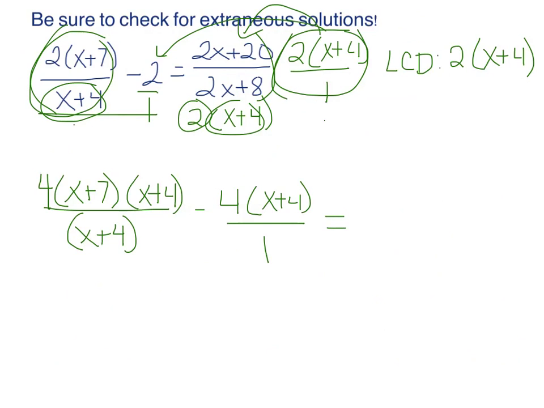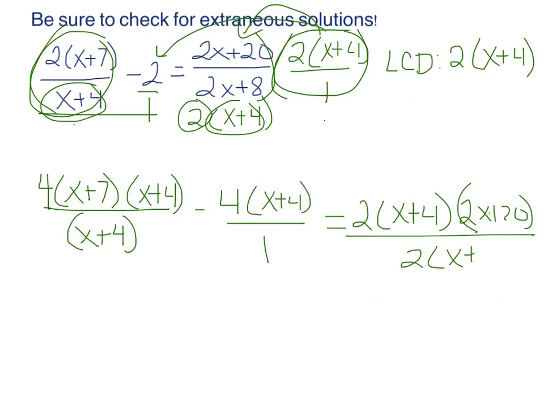I'll have 2 times x plus 4 times 2x plus 20 over, and remember this bottom was 2x plus 8, but that's the same thing as 2 times x plus 4, so I'll go ahead and put it like that.